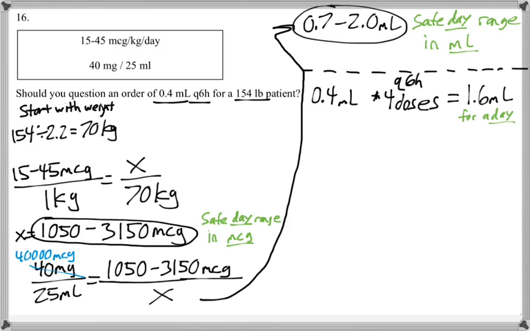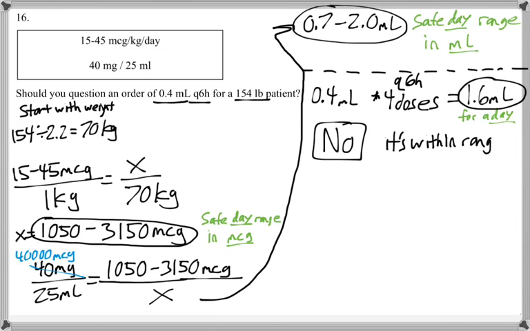So I can compare the 1.6 mLs with the 0.7 to 2.0, and that is within range. So I have to be careful about how they phrase the question. It says, should you question? And no, I'm not going to question the order because it is within range.